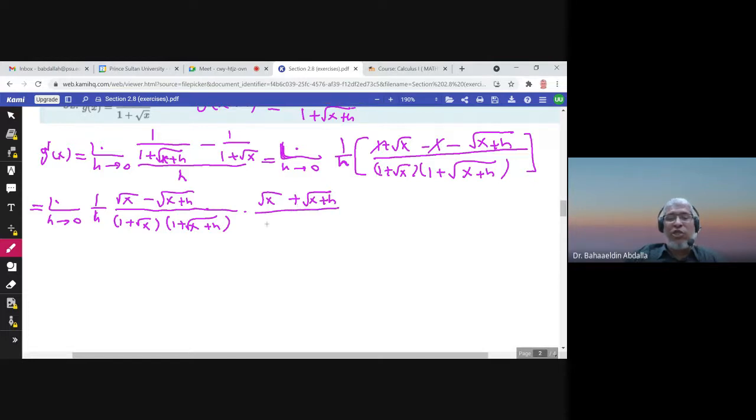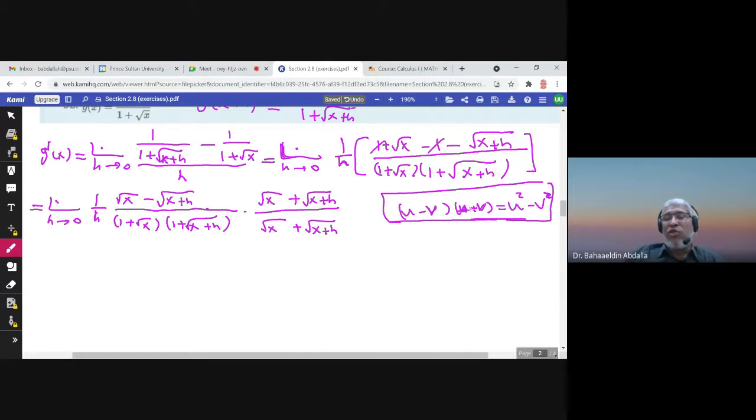So I change the sign in the middle. You know, u minus v times u plus v equals u squared minus v squared. So u plus v is the conjugate of u minus v, and u minus v is the conjugate of u plus v. Whenever one of them is a square root, we need to multiply by the conjugate. So when we multiply, we raise it to the power 2, and we get rid of the square root.